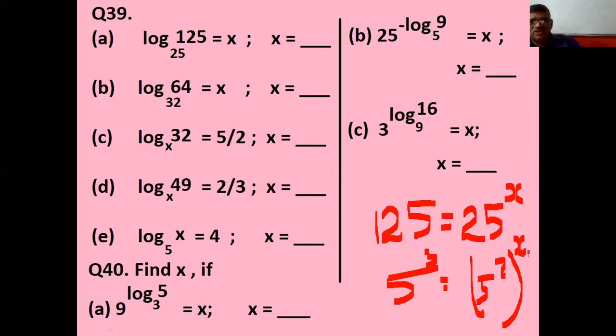So 3 equal to 2x, or x equal to 3 by 2. Right? Log 125 to the base 25 equal to x. So 125 equal to 25 raised to x. So 5 cube equal to 5 raised to 2 whole raised to x, that is 5 raised to 2x, or 3 equal to 2x, or x equal to 3 by 2. So here the answer is 3 by 2.